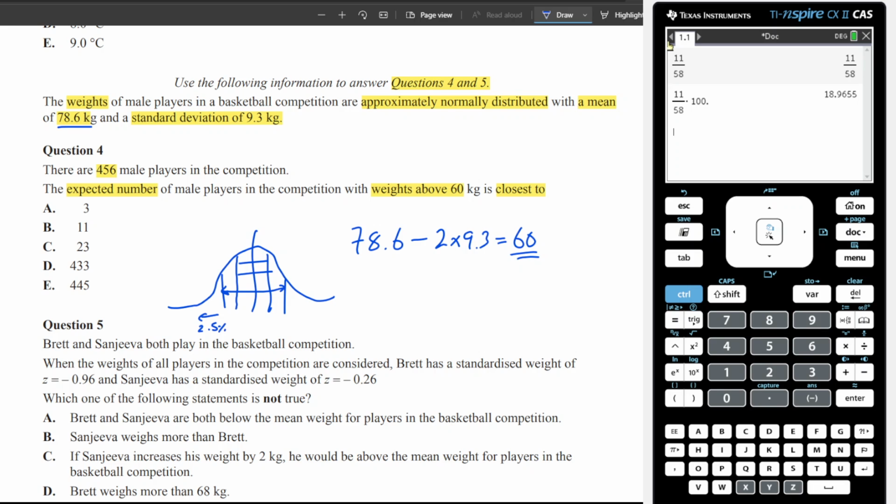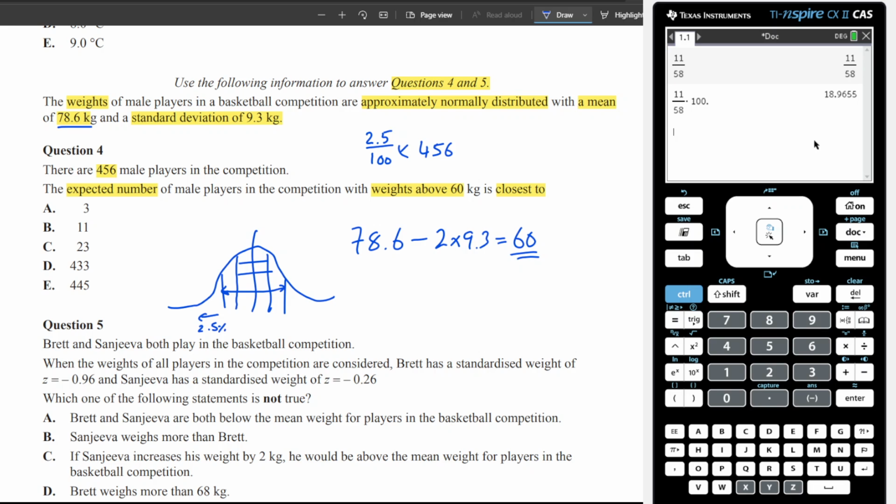So to find the expected number, it is 25%, or there's a few ways we could do that. 25 out of 100 multiplied by the number of players, which is 456. Beg your pardon, it is not 25%, it is 2.5%.